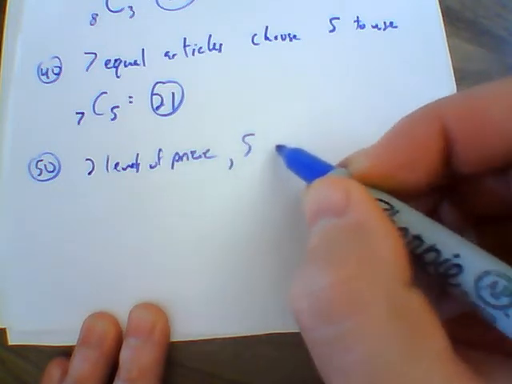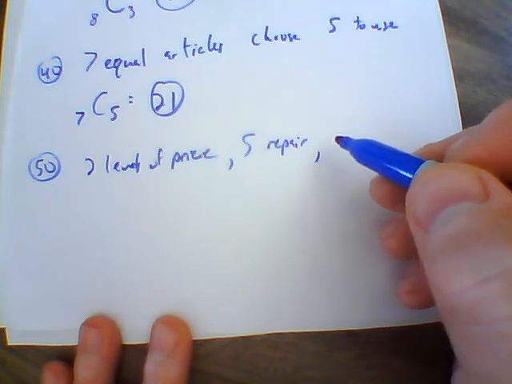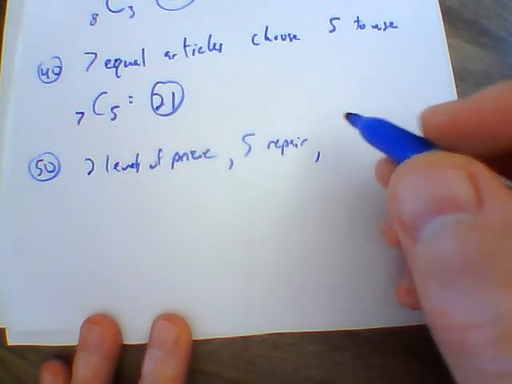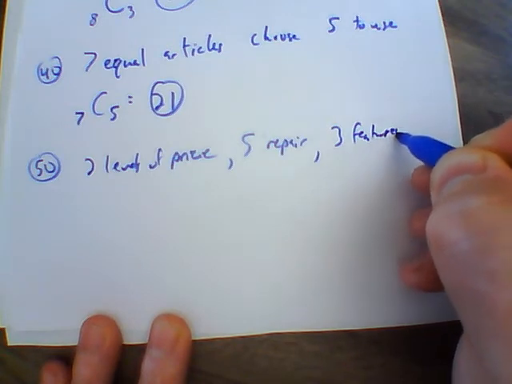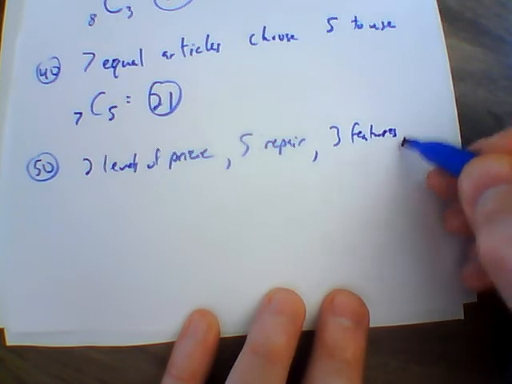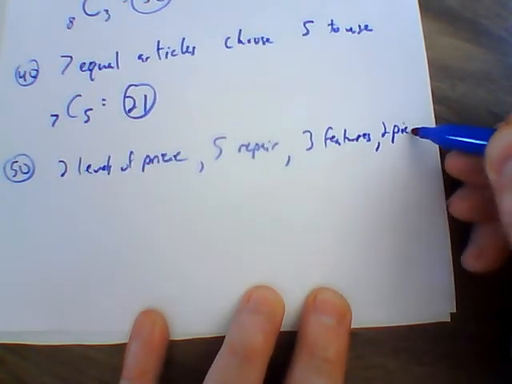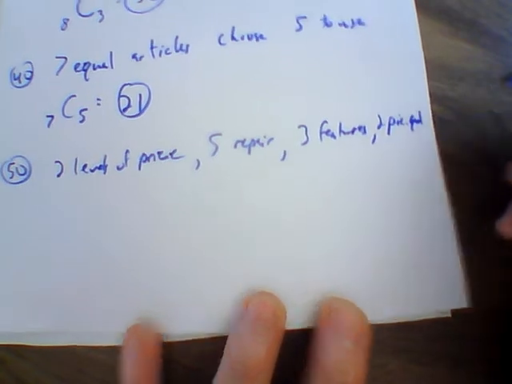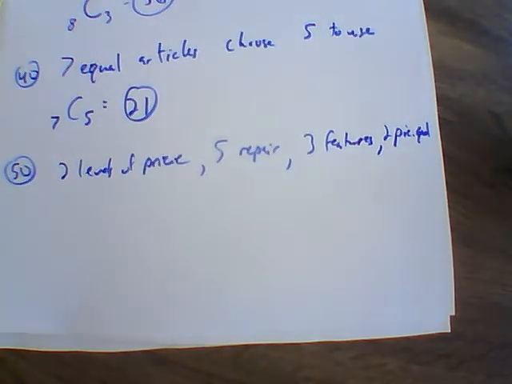Then we have 3 levels of features, and then 2 levels of picture quality. Kind of ran out of room here. It asks us how many different rankings are possible.